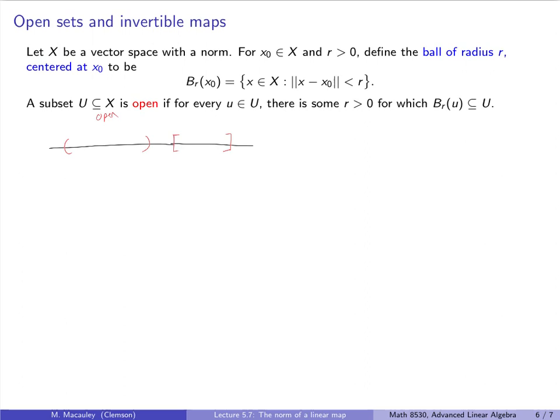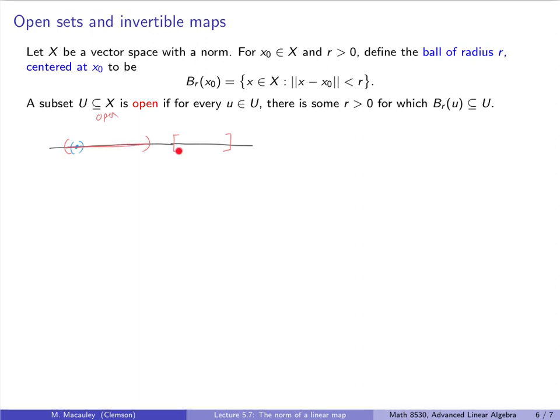Because if you pick any point in an open interval, I don't care how close it is to the endpoint, you can find a little neighborhood around it. A ball of radius r on the real line is just an interval of radius r. So this little interval is entirely contained in this open interval right here.